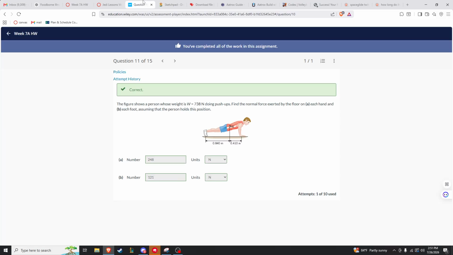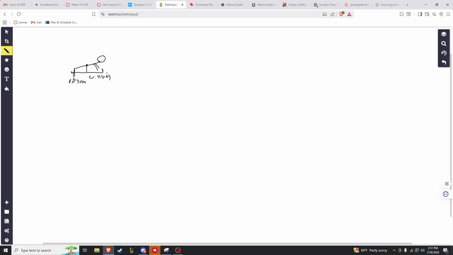In this situation, it's asking us for each hand and each foot, and it gives us the entire weight. So what we know here is that the forces on both hands and both feet are going to equal the weight that was given to us.